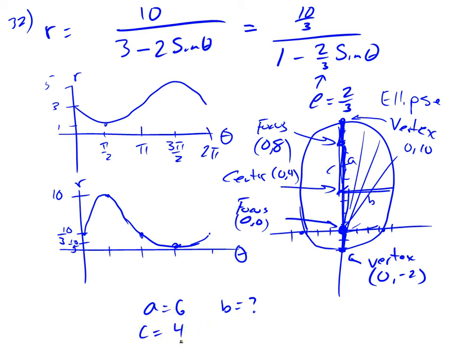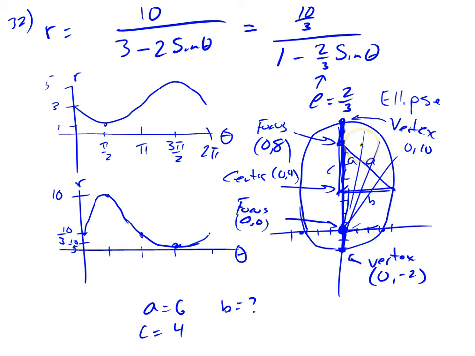Right? Now there's a relationship within ellipses that this diagonal distance from the focus out to the end of the semi-minor axis is the same length as this distance from here. That has to do with creating an ellipse by using a string. You can see that that's the same.